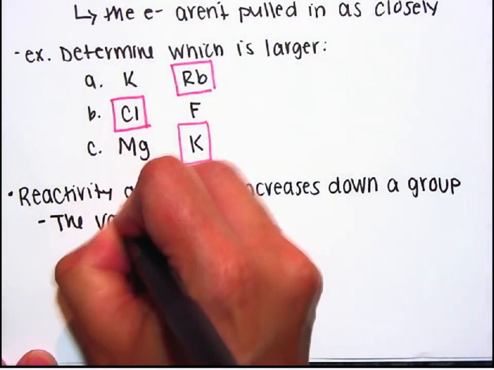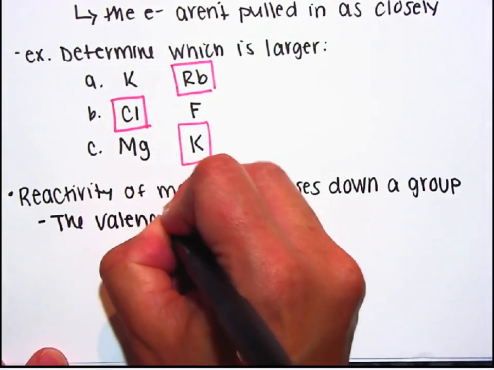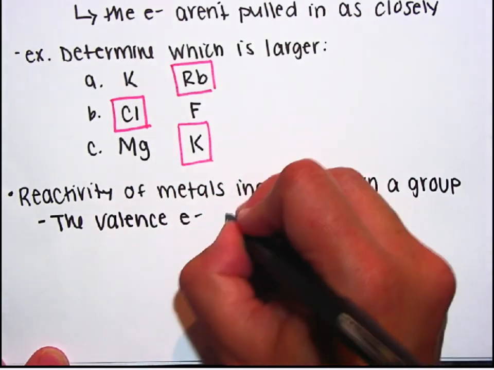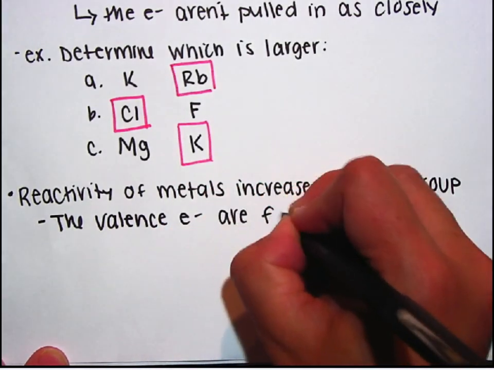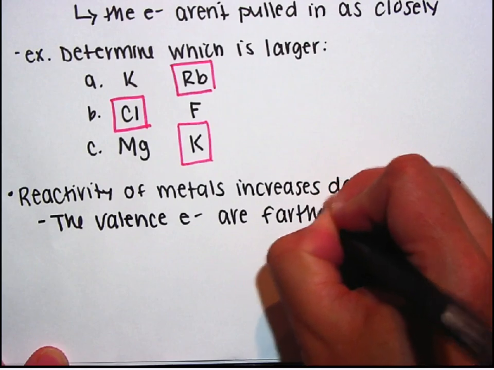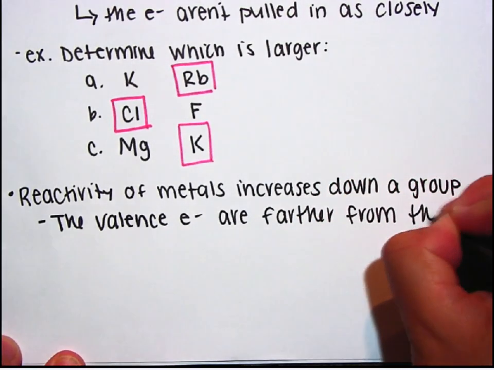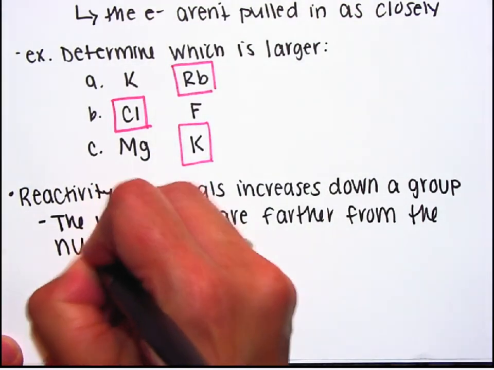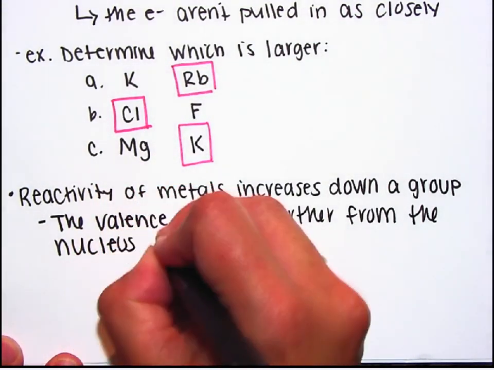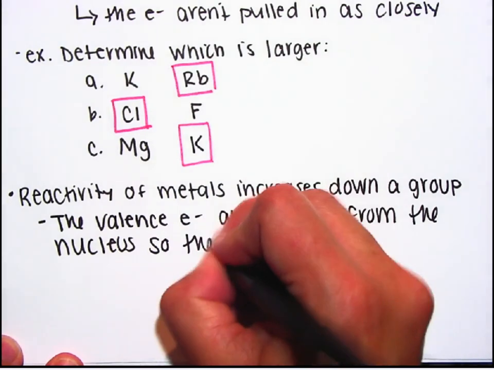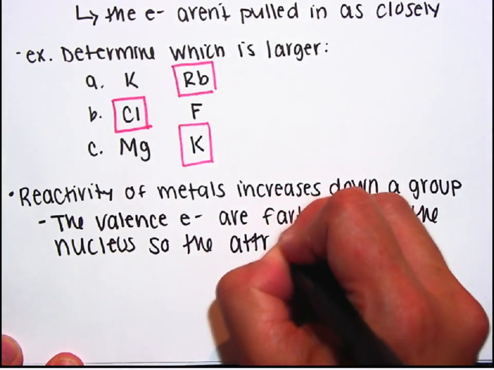Reason why? Again, we're going back to Coulomb's law. The valence electrons are farther from the nucleus, so the attraction is weaker.